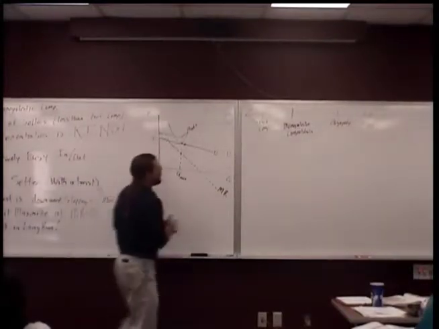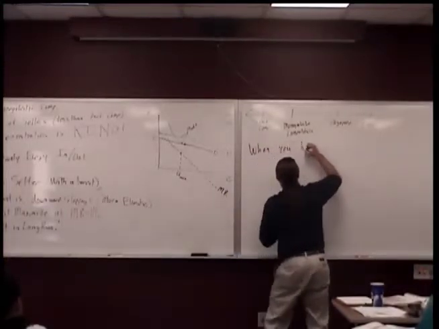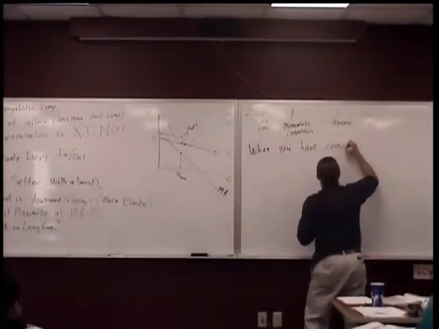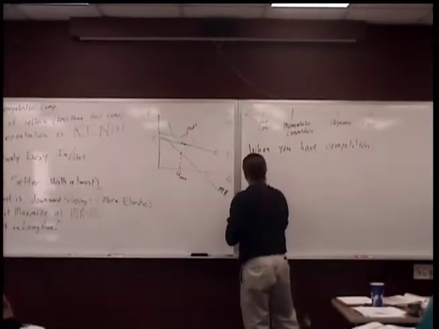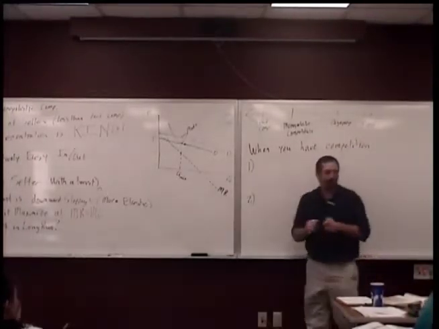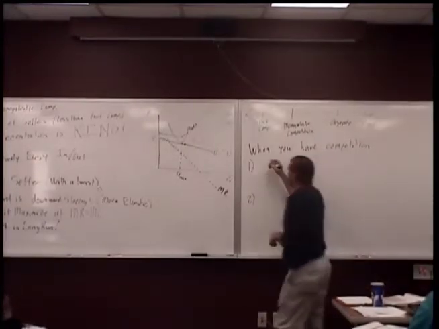So when you have competition, you get to make a choice. You have one of two choices in a perfect or in a monopolistic competition when the competition shows up, right? One is you can accept.